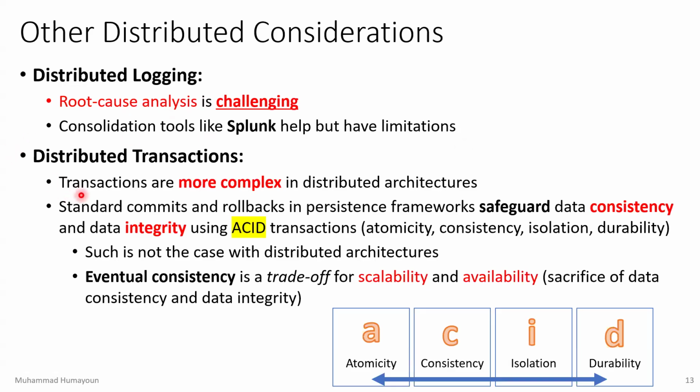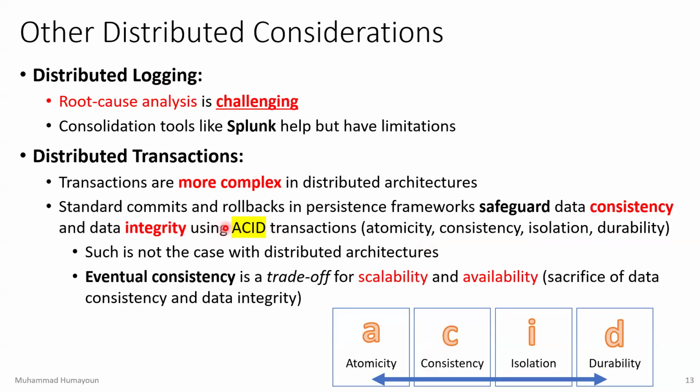Then distributed transactions. We need to understand the nature of distributed transactions. Transactions are more complex in distributed architecture because of the standard properties of ACID transactions: atomicity, consistency, isolation, and durability.